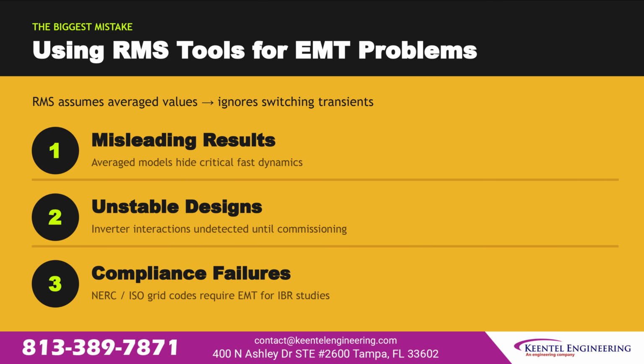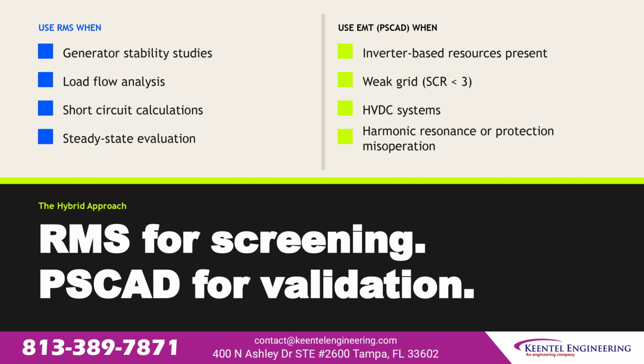It does not pass. The decision framework is straightforward once you know the trigger conditions. Use RMS when the study involves generator stability, load flow analysis, short circuit calculations, or steady state evaluation. These are well understood problems that RMS was designed to solve.